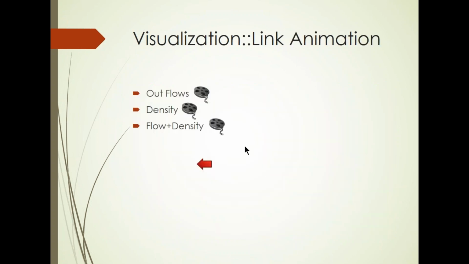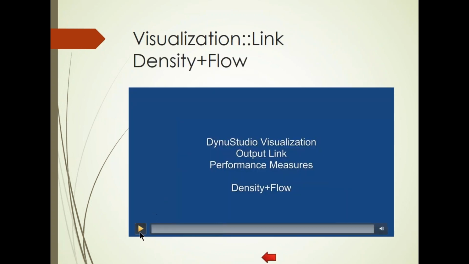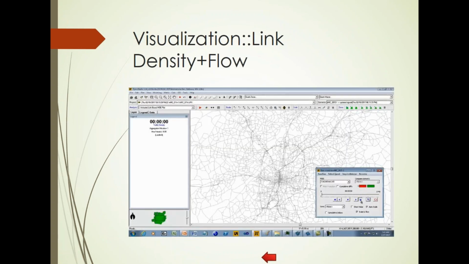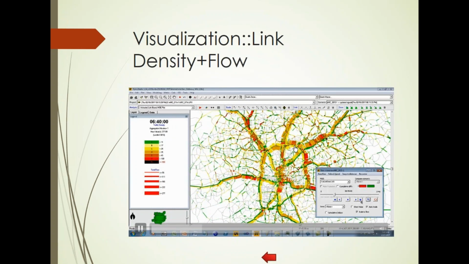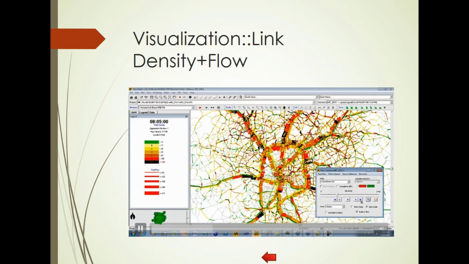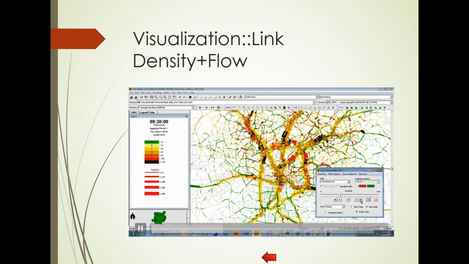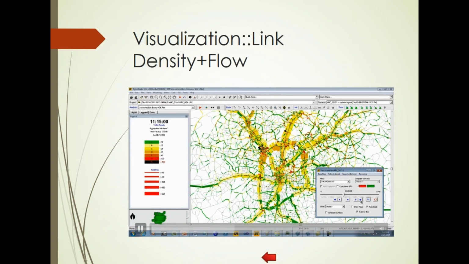The last one is flow plus density. So we use bandwidth to show the flow. From the bandwidth, you can see the flow rate. And then from the color, you can also see the traffic congestion pattern. The single plot displays two pieces of information together to allow a user to better understand the congestion. So here you have a lot of volumes, but only some areas not only have high volume but also get into severe congestion during the day.